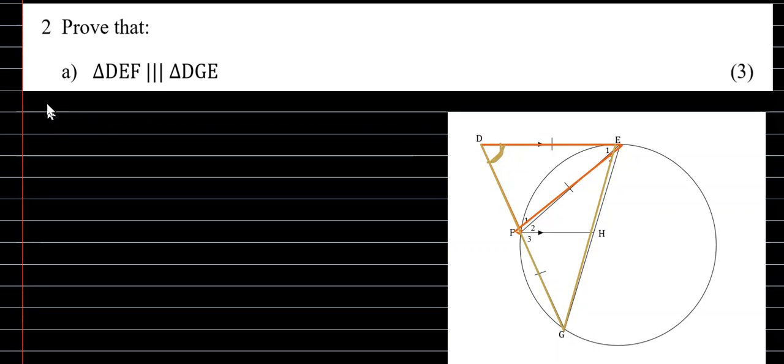So you can come here and say angle D is a common angle, right?